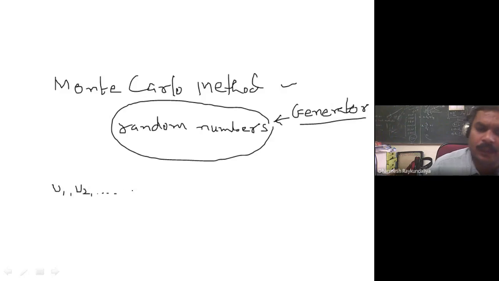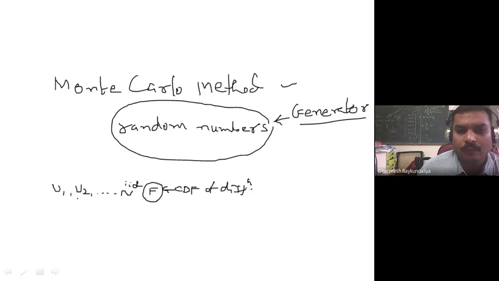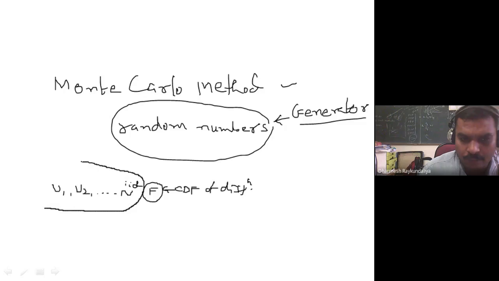Likewise, it will generate an infinite number of random numbers which are IID, that is, identically independently distributed with some distribution function F. F is nothing but the CDF of the distribution. So the random number generator gives a stream of IID random numbers generated from some distribution function F, which is associated with some probability law.